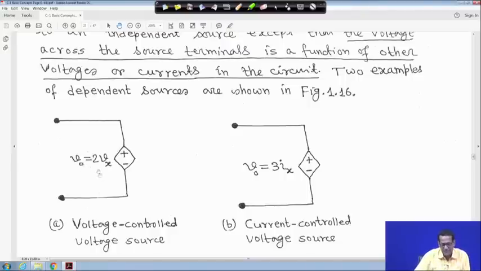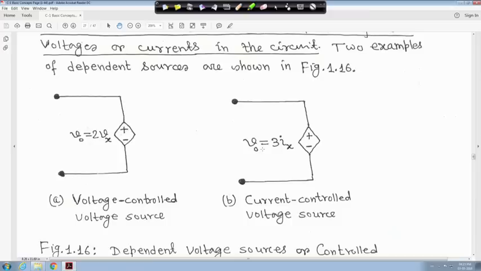So this is called a voltage controlled voltage source, because V0 is a function of the voltage across some other element X in the circuit, and that is why it is written Vx. Similarly, here the voltage V0 is taken as 3 into Ix.